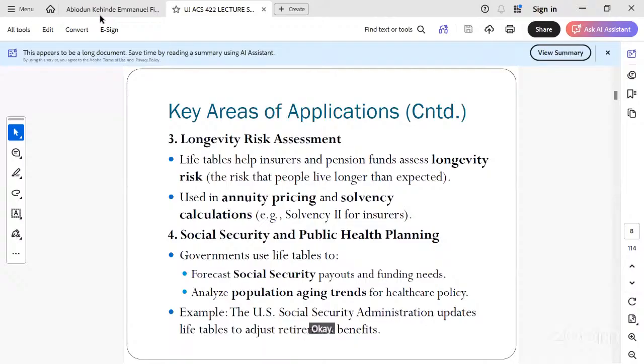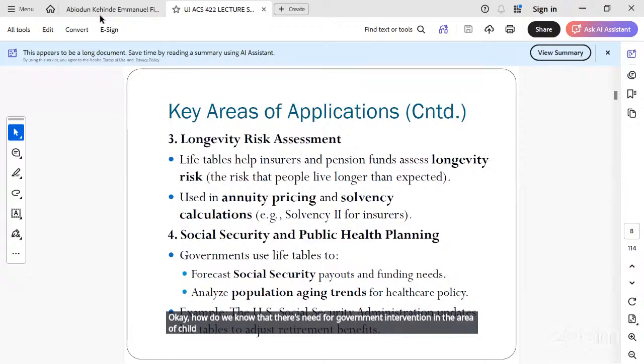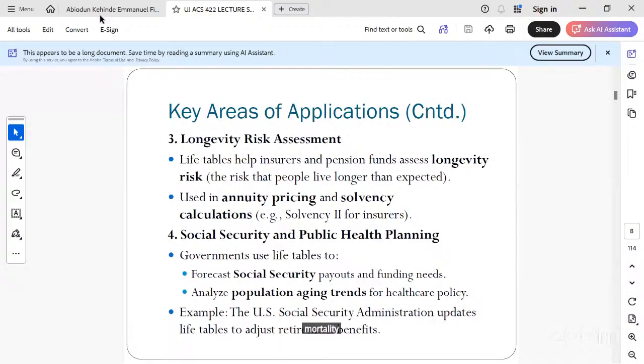How do we know that there's need for government intervention in the area of child mortality, infant mortality, and so on?